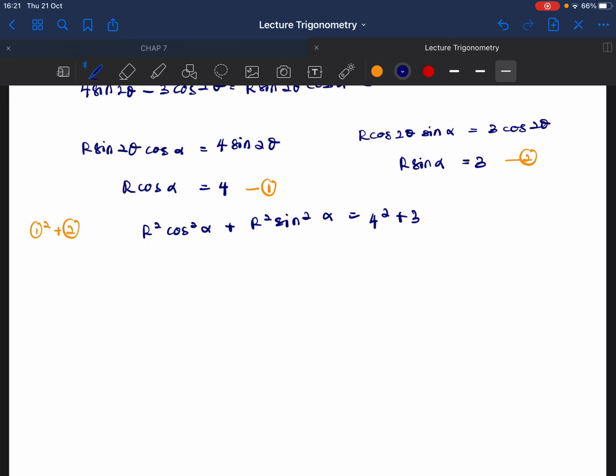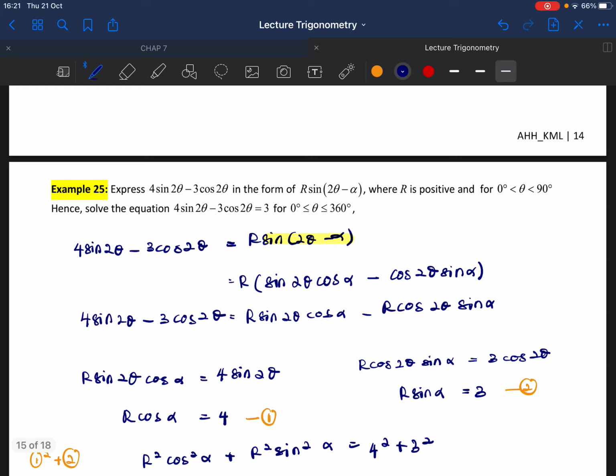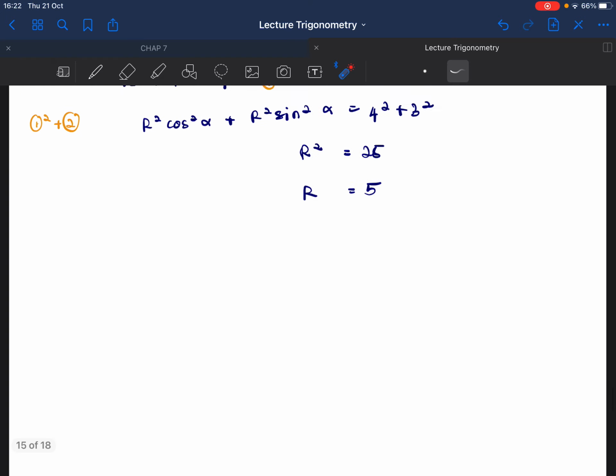Okay, so again factorize r square, and cos square plus sin square akan jadi 1, so we are going to end up with r square sahaja. So 4 square plus 3 square is equals to 25. So r is equals to 5. Okay, sebab r kita dia bagi tahu sendiri dalam soalan r is positive and theta is between 0 and 90. Okay, alright. So now we will have our r.